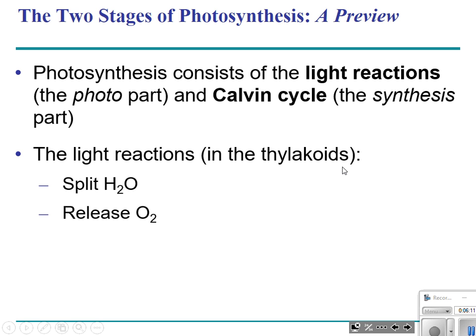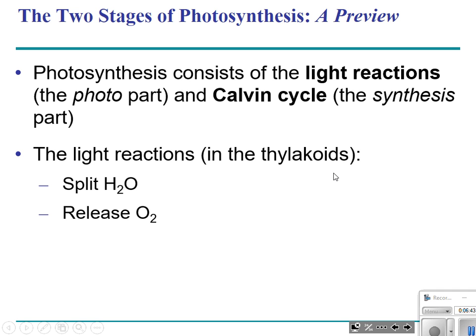And it stacks up to be a, what are the stacks of them called? The stacks begins with a G. The granum, okay? Grana would be plural. But the stacks are the granum, the thylakoids are the quarters. So, the light reactions occur in the thylakoids.